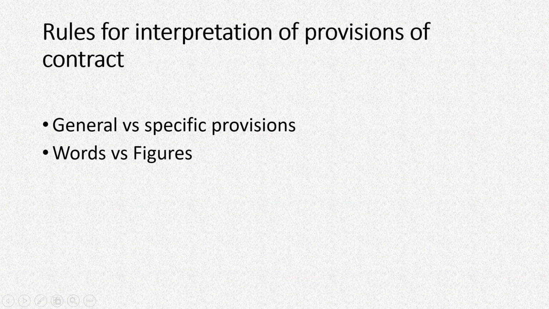If an item is described both in figures or drawings and in words, generally words prevail over figures, because not everybody is competent or qualified to understand civil engineering drawings or very complicated designs. So in case something is mentioned in both words and figures, the description in words will prevail in case of a dispute.